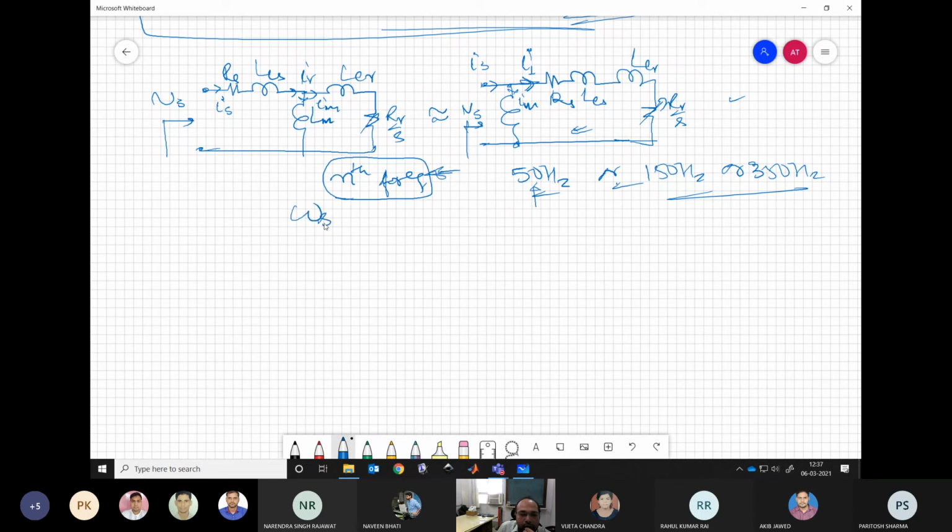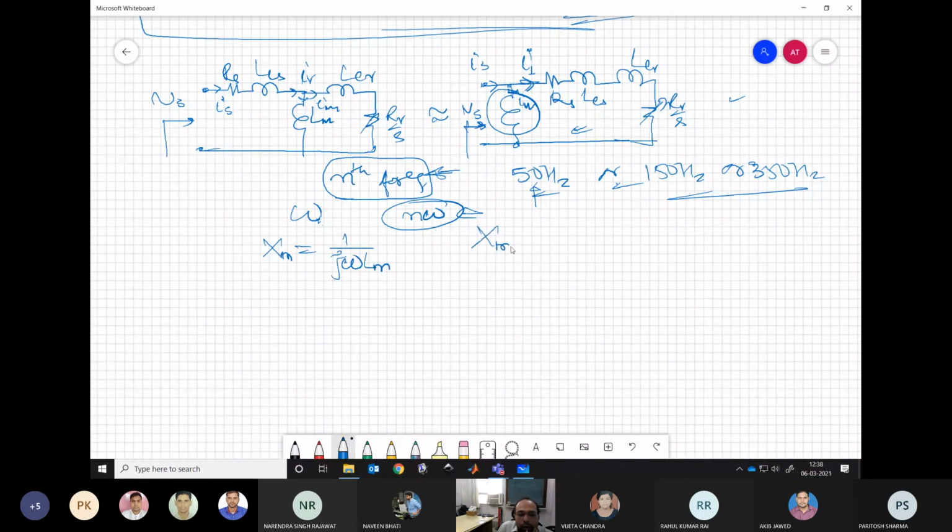So if our fundamental is having omega s, or let's say for simplicity omega, then the harmonic will have n omega synchronous frequency. So what will happen with that? The first thing you can observe is in the magnetizing inductance branch, Lm, which had an impedance of j omega Lm.